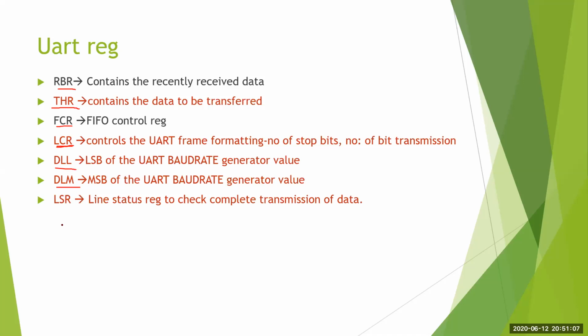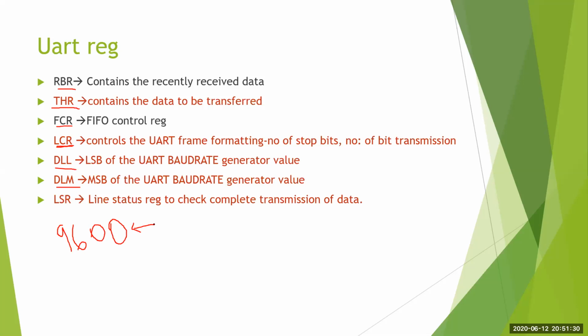By default, we know the baud rate is 9600. So if it is 9600, how do we tell the controller to make the transmission or reception at 9600 baud? There is a calculation for this, which is in the next slide.